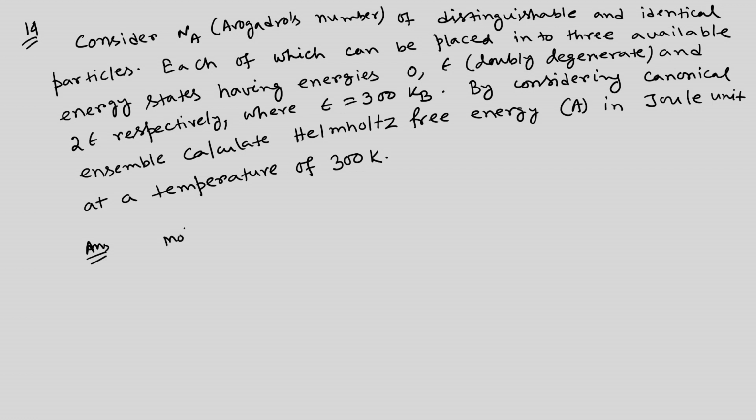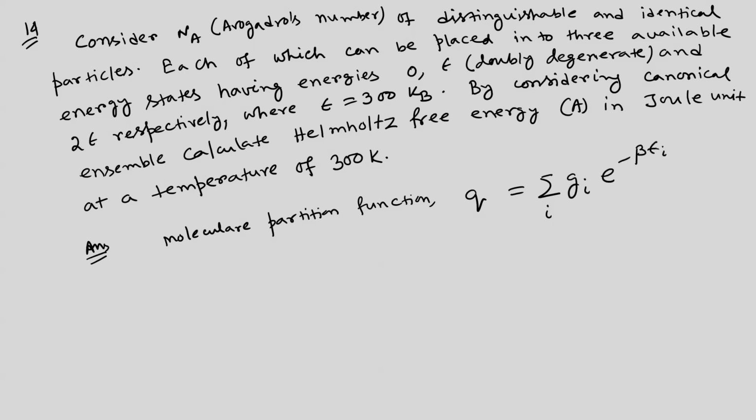So, molecular partition function q is sum over i of gi times e to the minus beta epsilon i, where gi is the degeneracy of the ith state and epsilon i is the energy of the ith state. Here we have 3 available states, so i goes from 1 to 3.